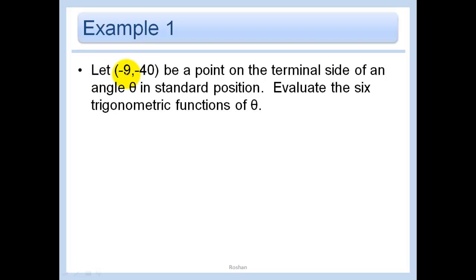So now let -9, -40 be a point on the terminal side of an angle in standard position. So what that means is that -9, -40 is over here. And it is important that we keep in mind where we are. So the triangle that we make, we always need to make sure that it comes back to the x-axis.